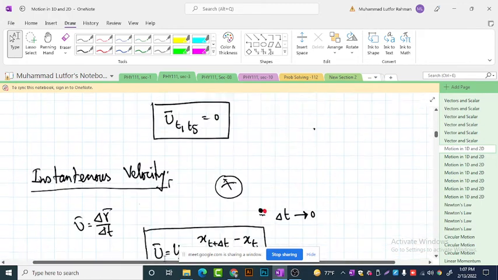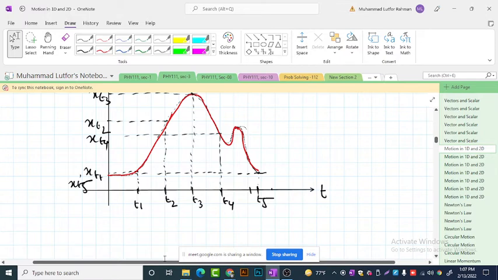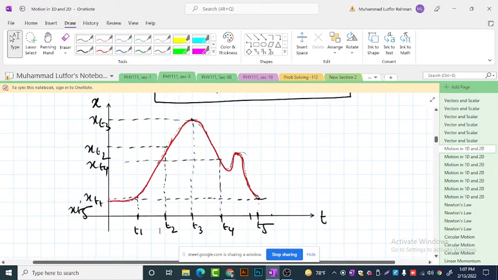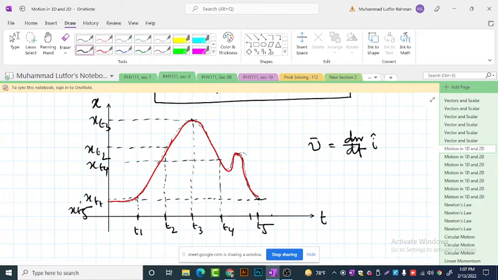All right, now from this curve, if I take the instantaneous velocity that we define by dx over dt, what is that over here? What is dx over dt from this curve, from the mathematical point of view?